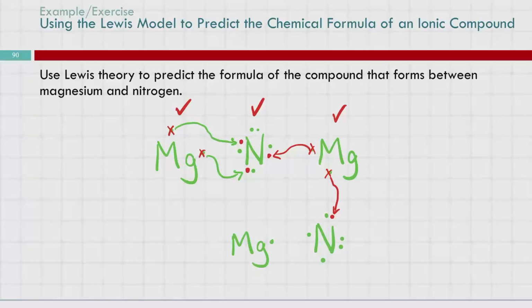So another magnesium enters the picture, and it gives away both of its electrons. And now, is our nitrogen happy? Our second one, yes. Is our third magnesium happy? Yes.